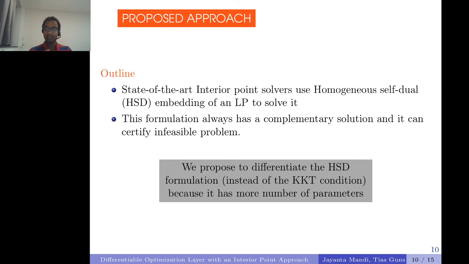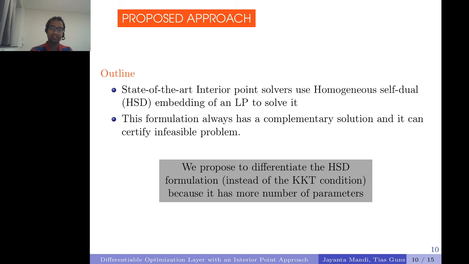Moreover, as it is a self-dual problem, if both the primal and dual problem of the actual problem are feasible, then the central path the algorithm follows will lie in the feasible region of the primal and dual problem. So the duality gap will be a good measure of how far we are from the actual optimal point.